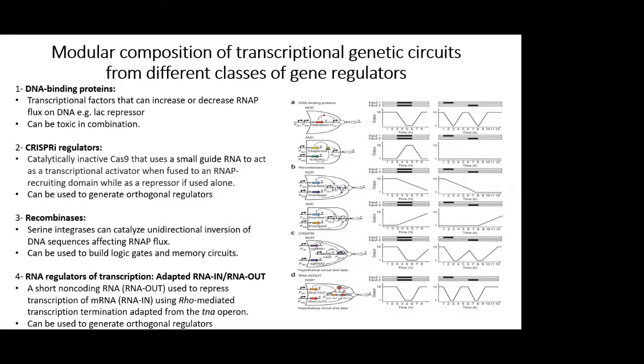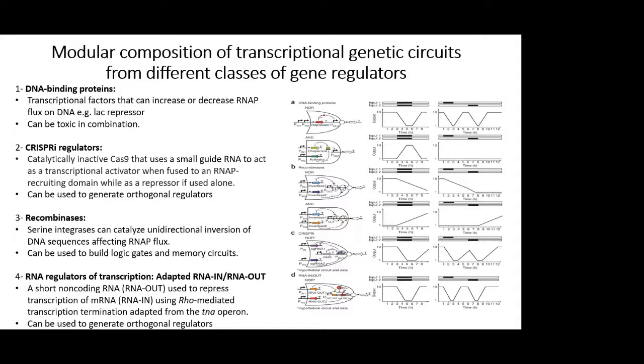So we have CRISPR regulators, and we have another class of gene regulators called recombinases. Specifically, we are interested in serine integrases. Serine integrases can catalyze unidirectional inversion of DNA sequences. The changes in the sequence can affect the RNA polymerase flux on DNA.